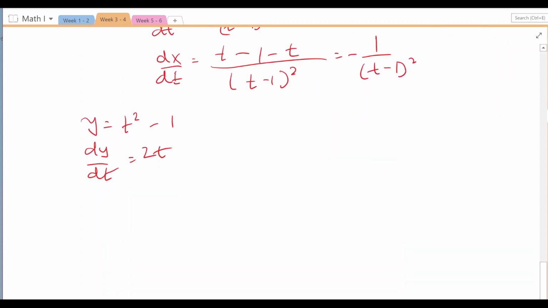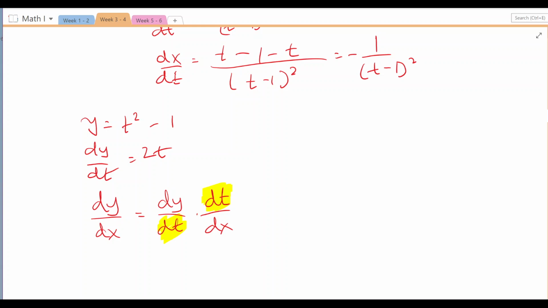So to answer the question, dy over dx equals dy over dt times dt over dx, where the dt's cancel each other out.